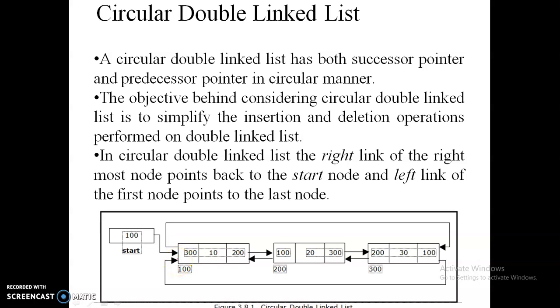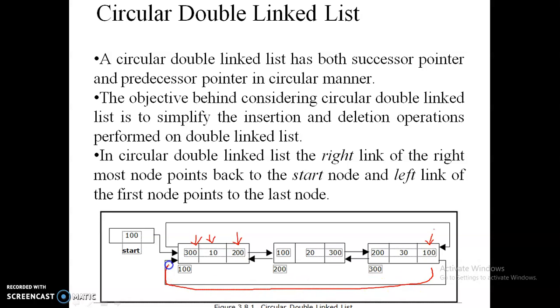The remaining coding is the same for the circular double linked list and the normal double linked list. So here also we have one data and two links. One is for the previous node and another one is for the next node. The next of the last node points to the starting node.